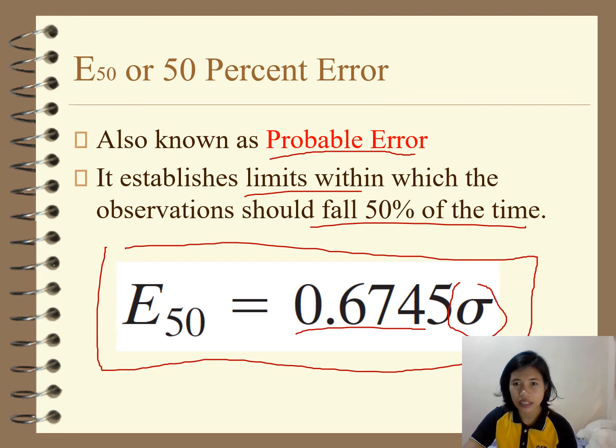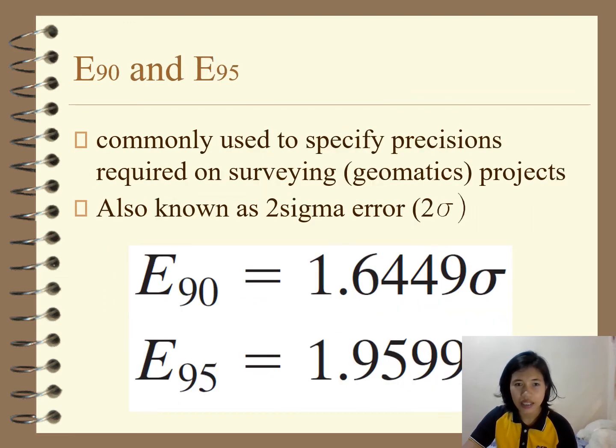How about E90? E90 and E95 are commonly used to specify the precision required in surveying. So, how precise is our survey? For E90, the value is 1.6449 multiplied by the standard deviation.